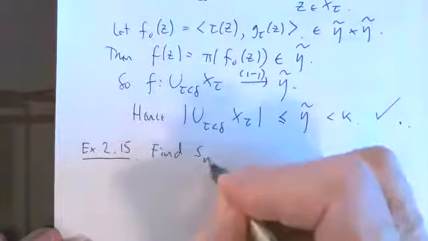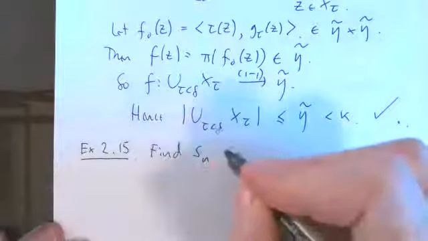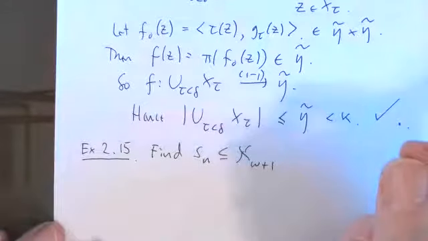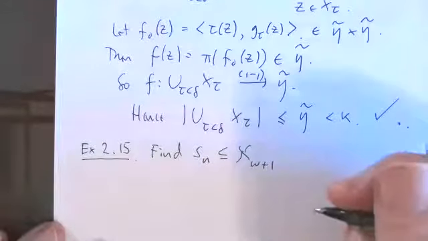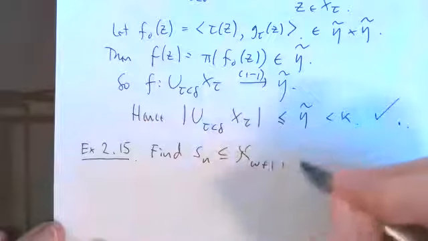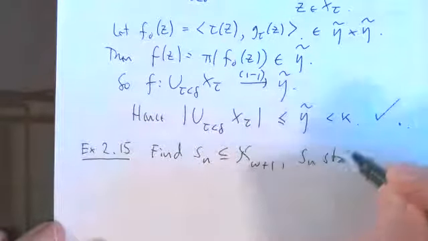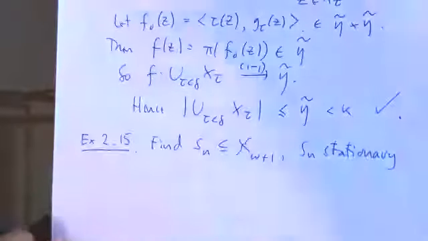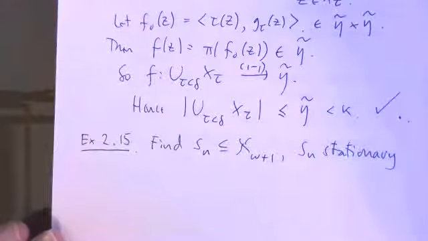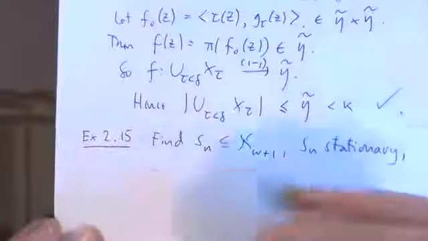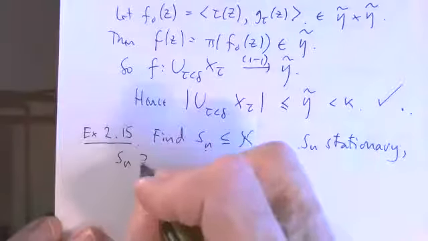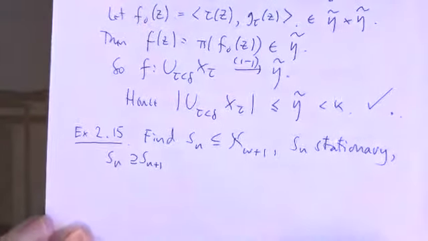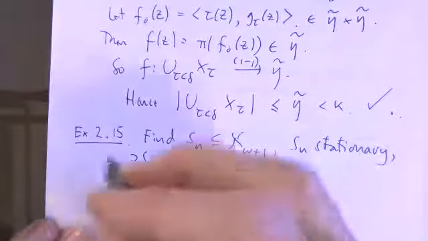So find S_n contained in aleph omega plus 1, which is stationary, and the sets are decreasing like this, and their intersection is empty.